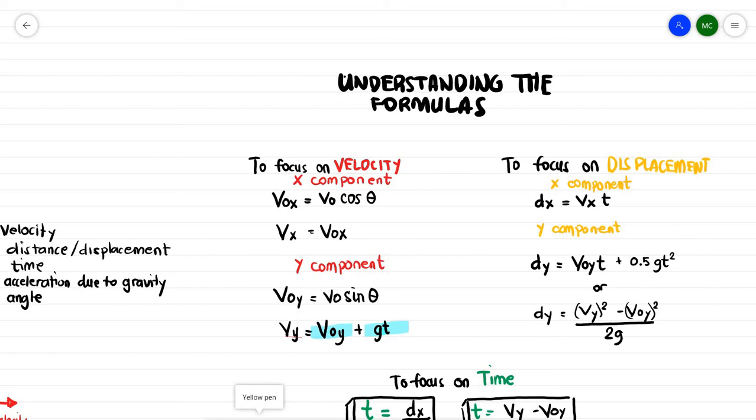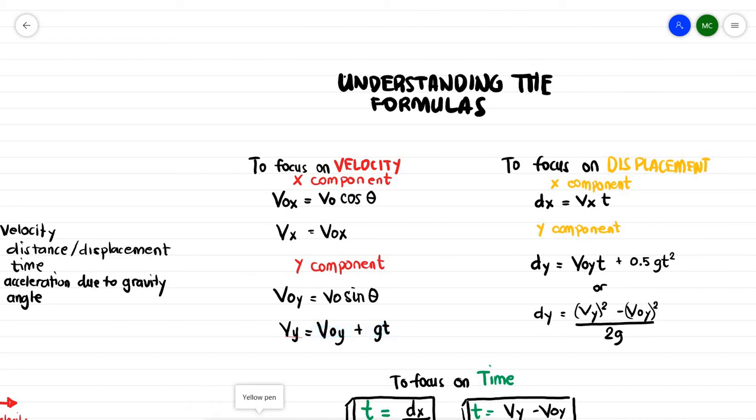Okay? It is always given that the final velocity at the top or the highest peak is 0. So in order to use this formula, you can derive this formula to find time. I will discuss that later about finding time. Okay. So we are done with focusing on velocity.